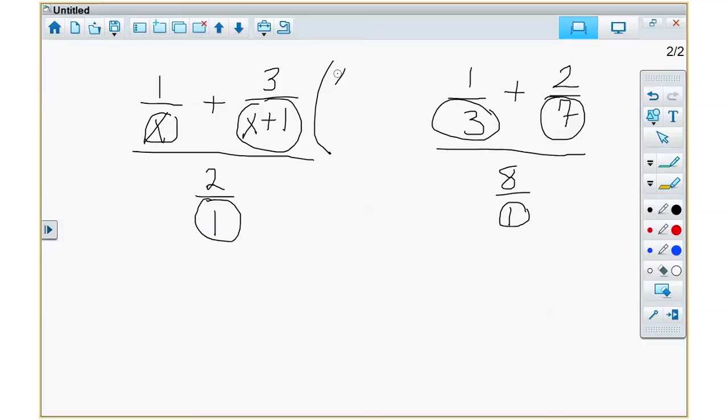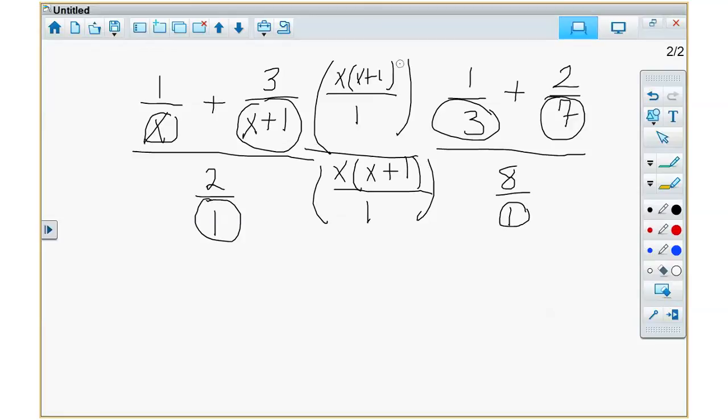So what I would do, if you were to do this one, it would be x times x plus 1 over 1, over x times x plus 1 over 1. Now what's x times x plus 1 over 1 over x plus 1 over 1? 1.